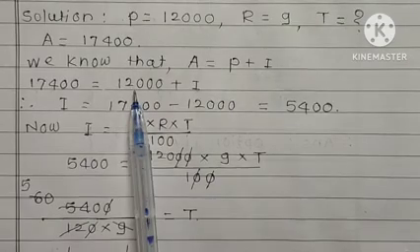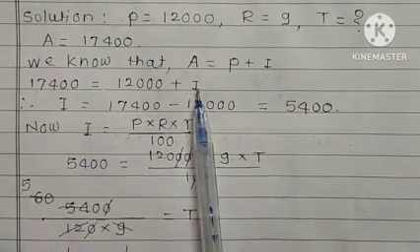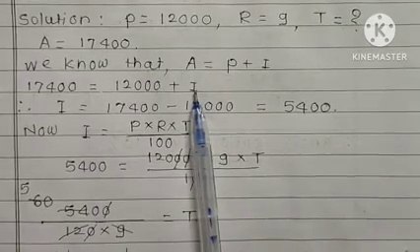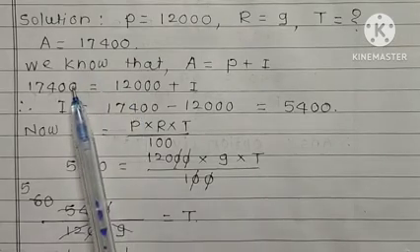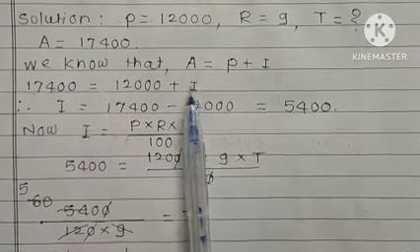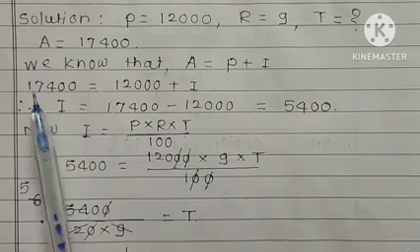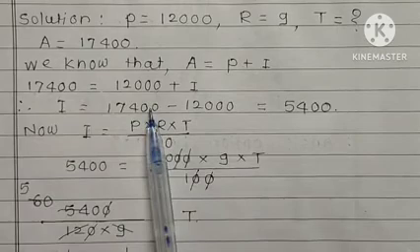P, principal amount, 12,000. I, that is interest, we don't know. So taking this 12,000 to the left side, it will become negative. That means I is equal to 17,400 minus 12,000.